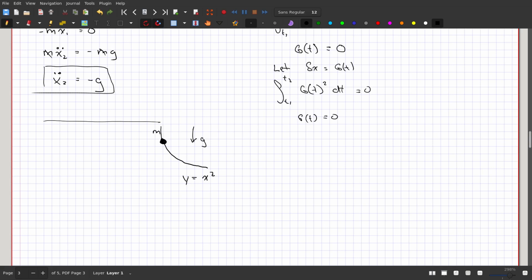Now if you try to use Newtonian mechanics to do that, it's going to be really difficult. What do you do in Newtonian mechanics? First thing you do is draw a free body diagram, right? So you have to take the bead off the wire and write down the forces, including the reaction force that keeps the bead on the wire. That reaction force is changing as a function of the motion, so it becomes really tricky.